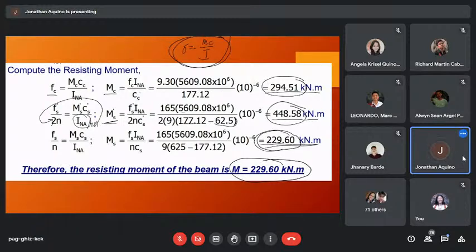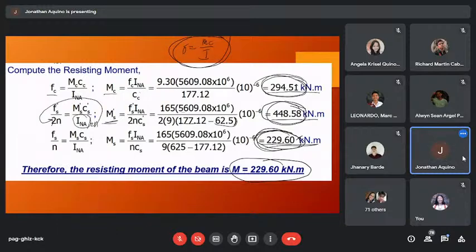Meaning, the tension steel will yield first before the compression concrete fails. After the tension steel fails, the concrete fails before the compression steel fails. So the design is still good because the tension reinforcement fails first.